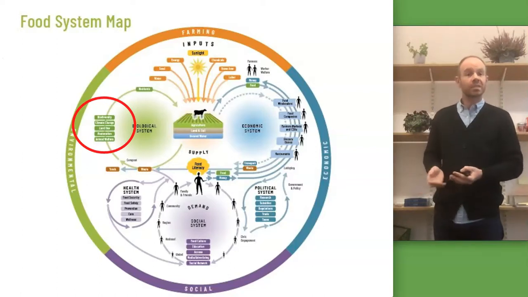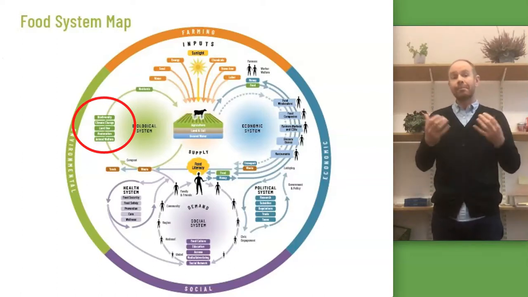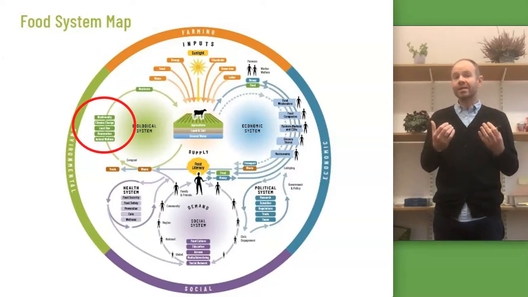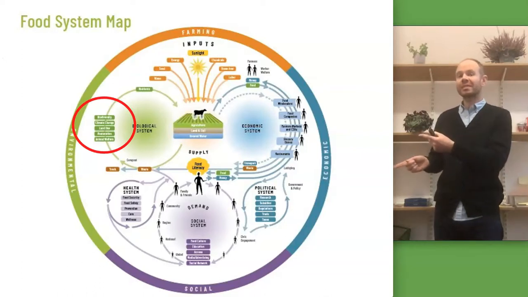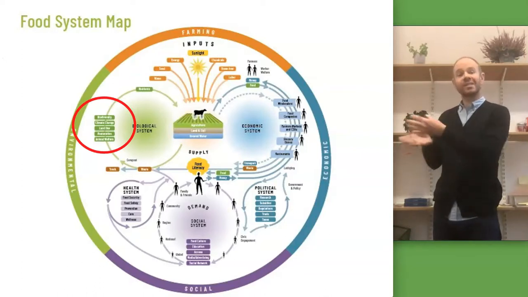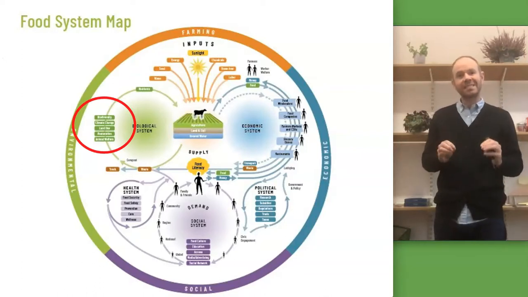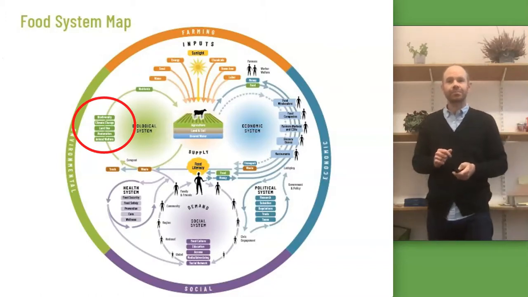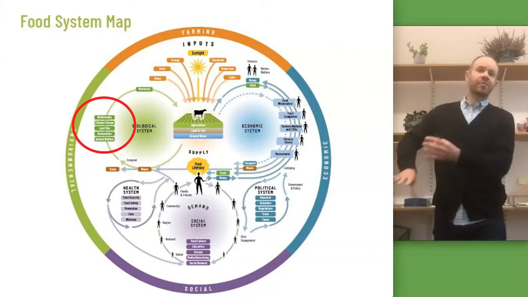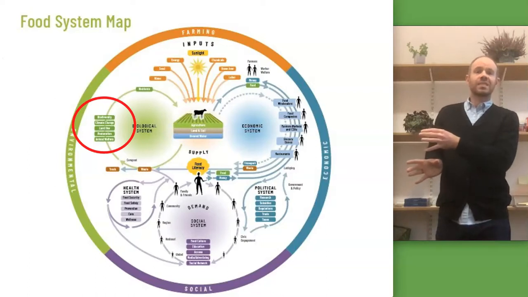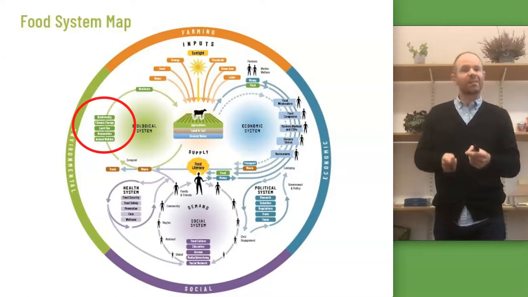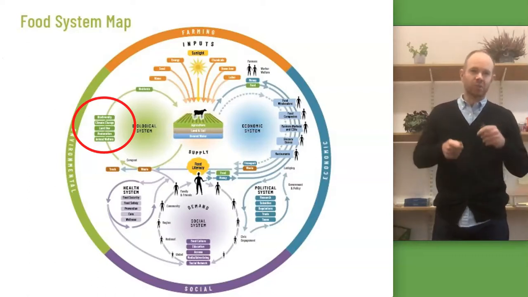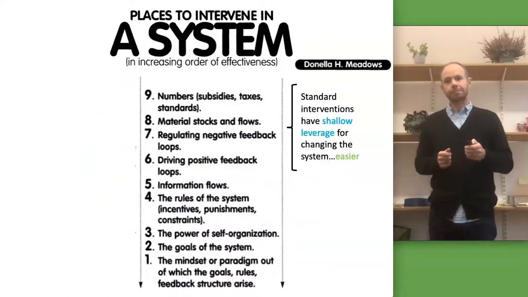If the political system changes from top-down autocratic to fully democratic, environmentally focused, that's going to be a different change in the later part of that system because of that deeper intervention, right? And every one of the variables as part of this food system map are going to function at different levels of leverage based upon how we're making those small manipulations.